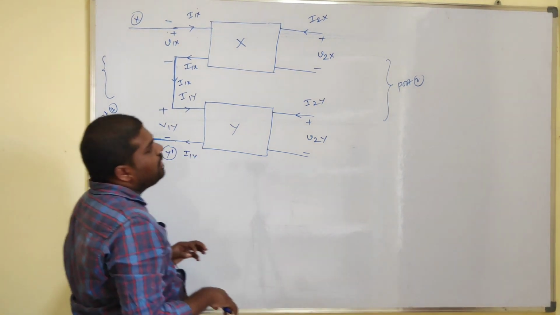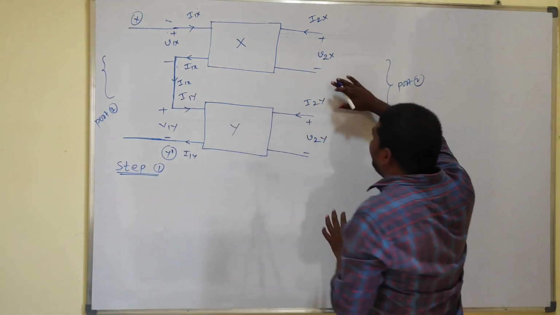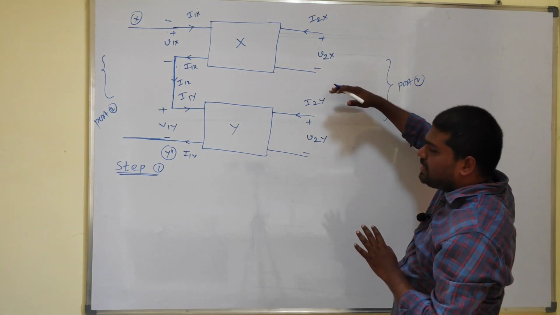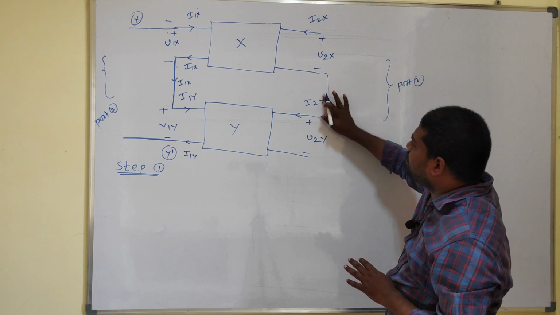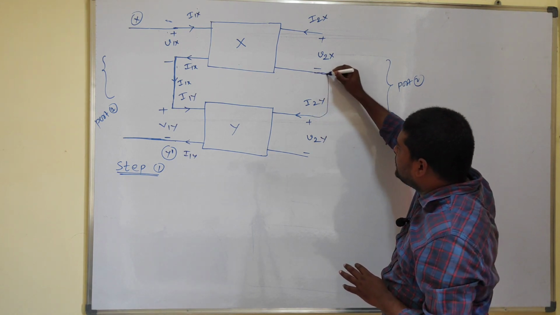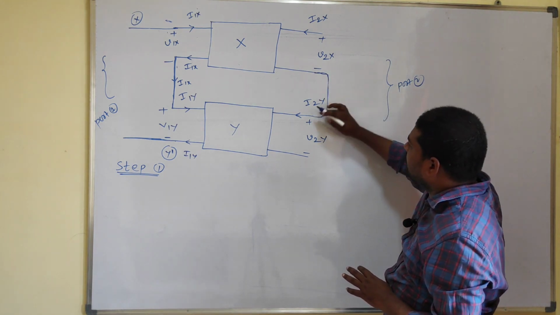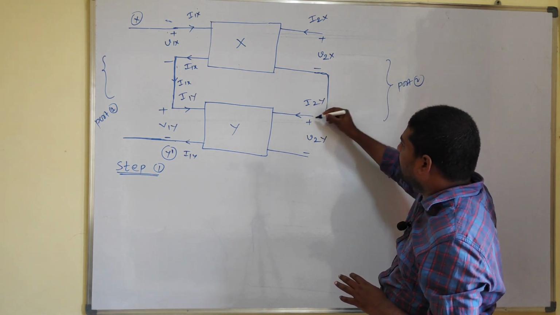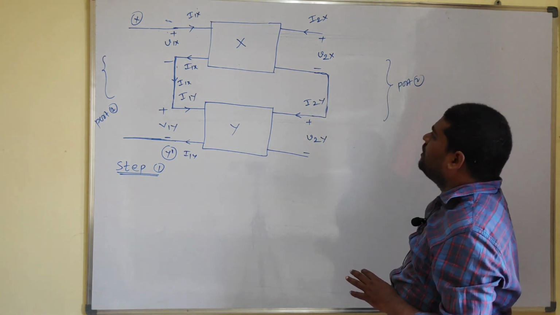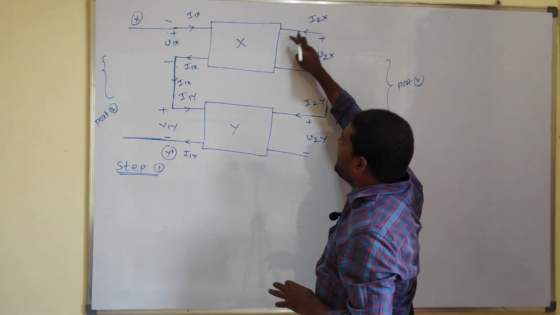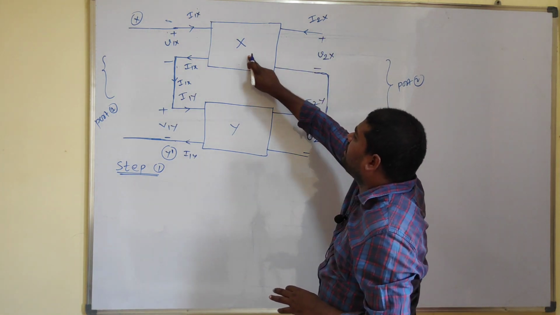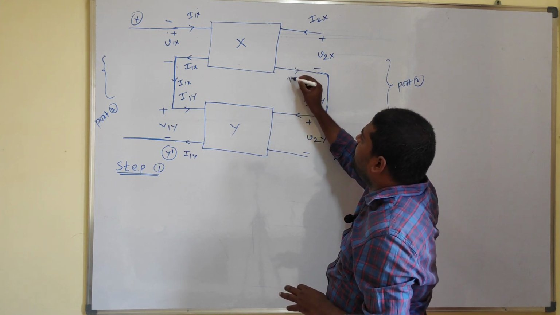In a similar way, in order to make port 2 a series connection, we should connect these 2 terminals. Now the entering current equals I2x, the same amount of current leaves from the X two-port network, that is I2x.